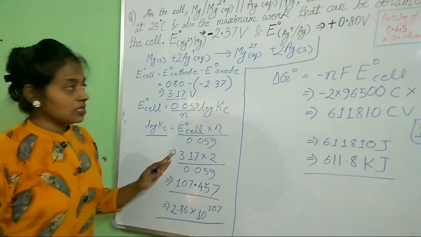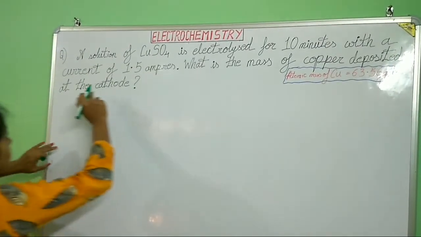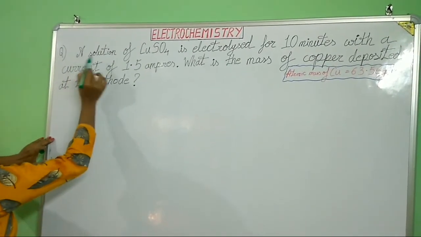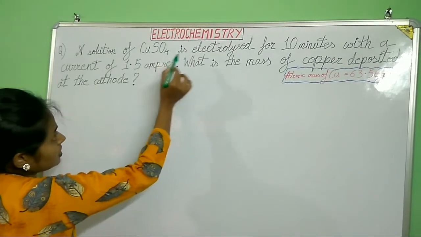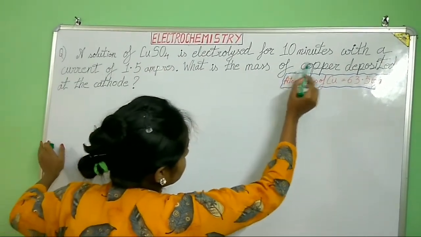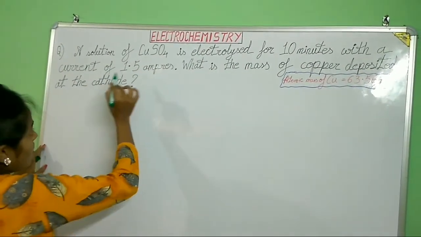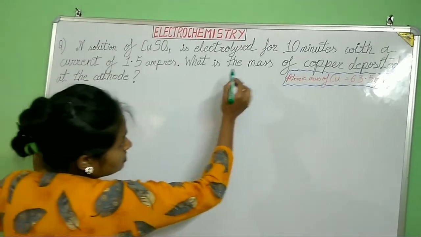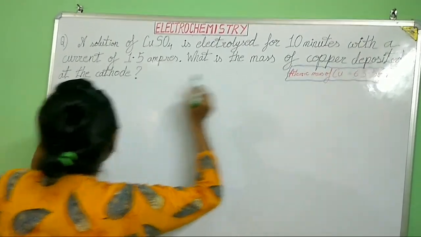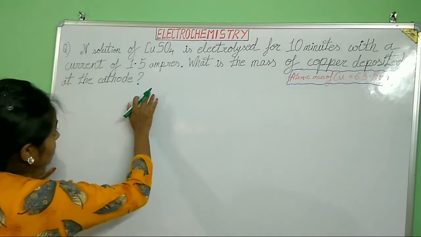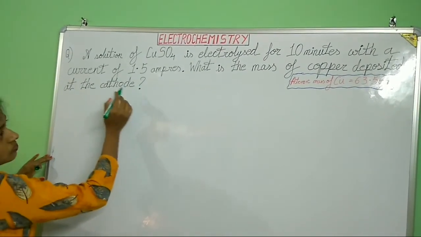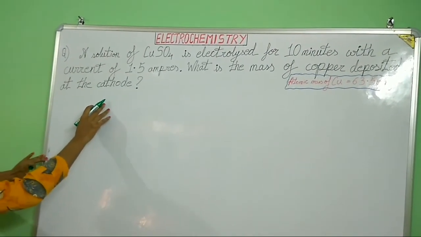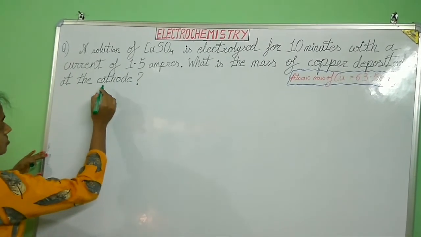Now let's move to the next question. It says a solution of copper sulfate is electrolyzed for 10 minutes with a current of 1.5 amperes. What is the mass of copper deposited at the cathode? So how to find the charge which is being passed?